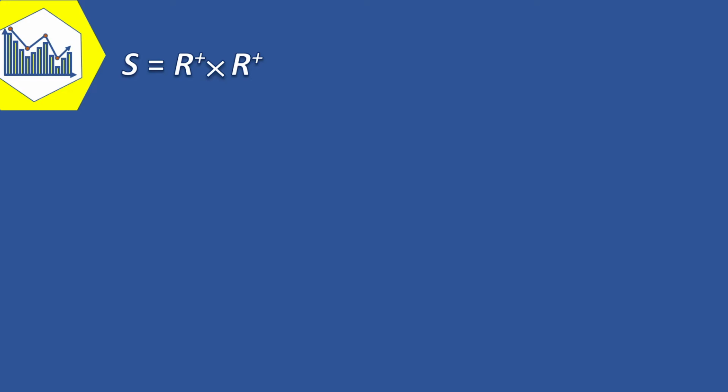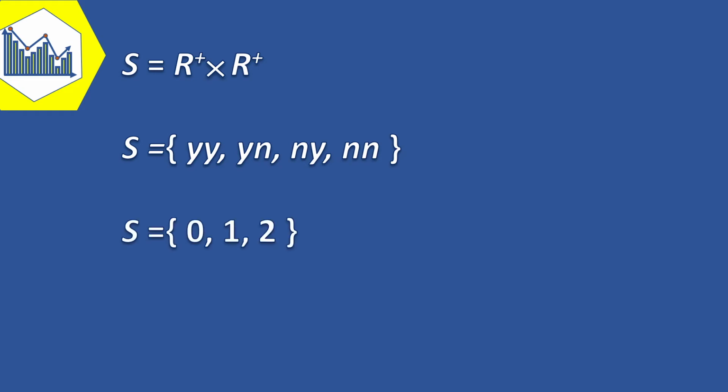If the ordered pair yn indicates that the first camera conforms and the second does not, the sample space can be represented by the 4 outcomes of yes yes, yes no, no yes, and finally, no no. If we are interested only in the number of conforming cameras in the sample space, we might summarize the sample space as this.